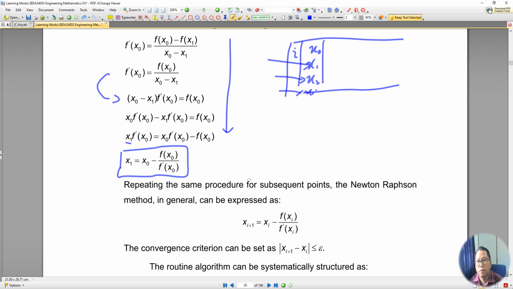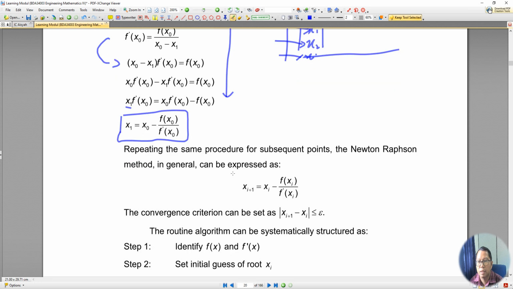Repeating the same procedure for subsequent points, the Newton-Raphson method in general can be expressed as: x(i+1), the next iteration, is equal to x(i), the current iteration, minus f(x) divided by f prime, which means you have to differentiate the function.